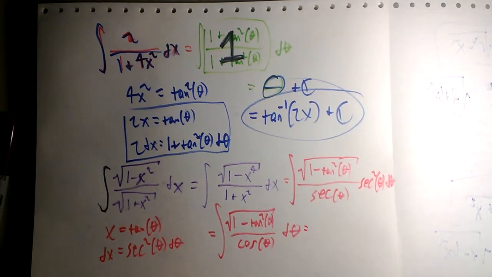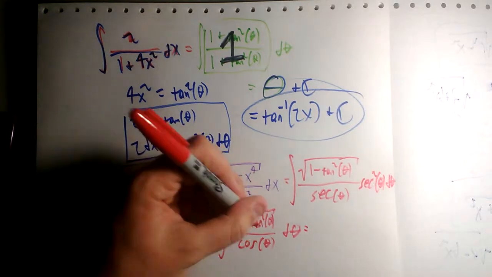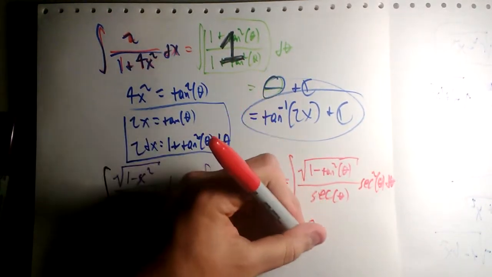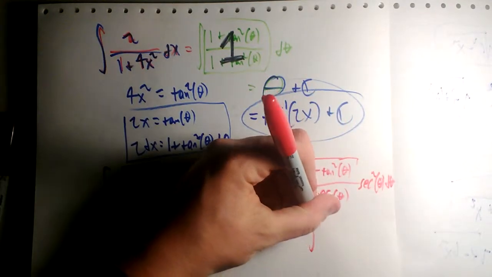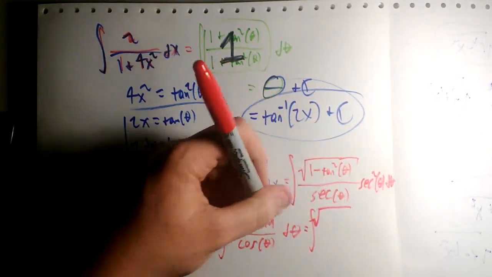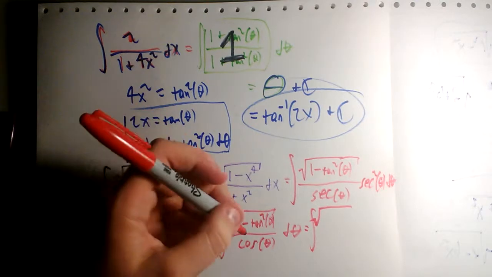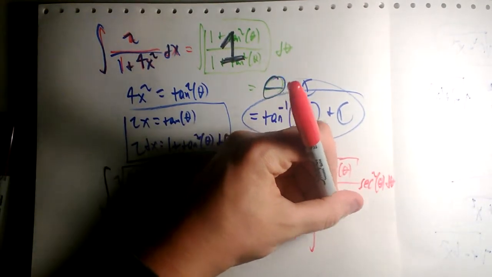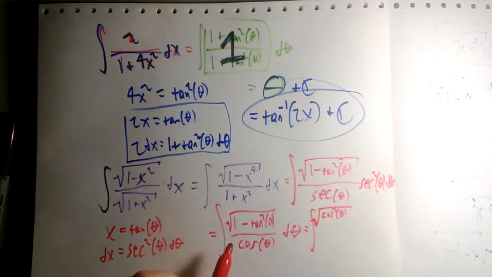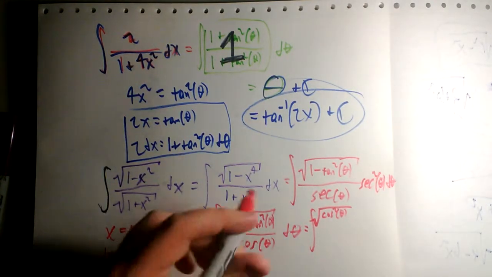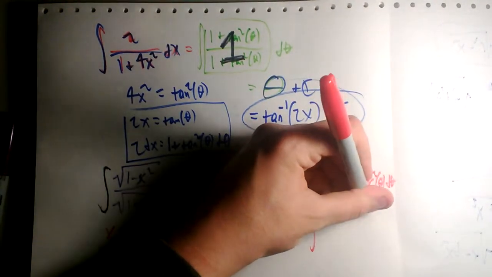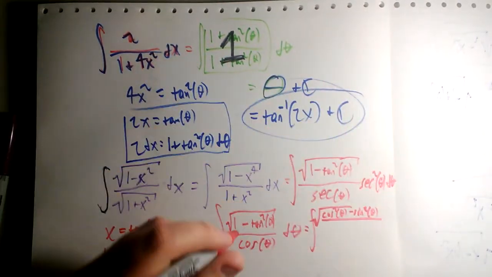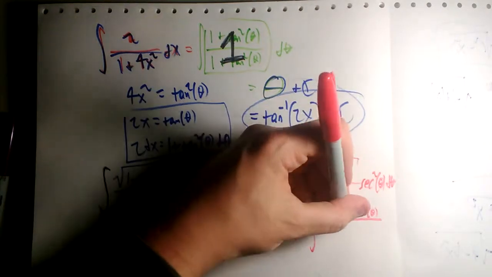Frustrating. So 1 minus tangent squared could be 1 minus sine squared over cosine squared. And then you can multiply by cosine squared theta, and that'd be cosine squared theta minus sine squared theta, and that would be all over cosine squared.